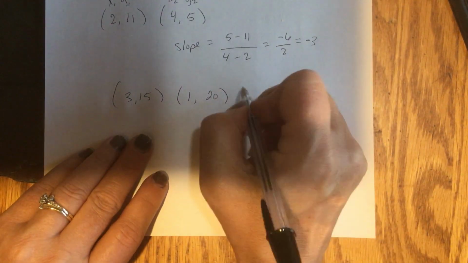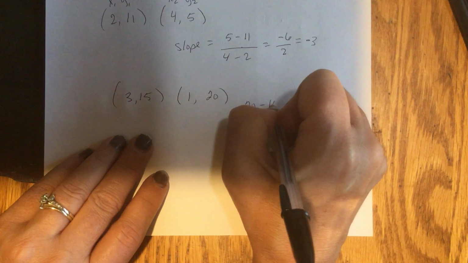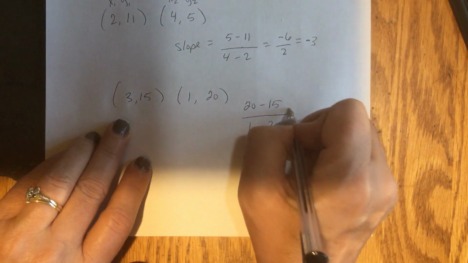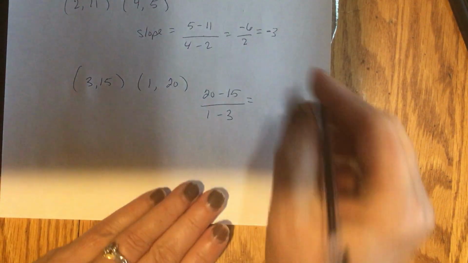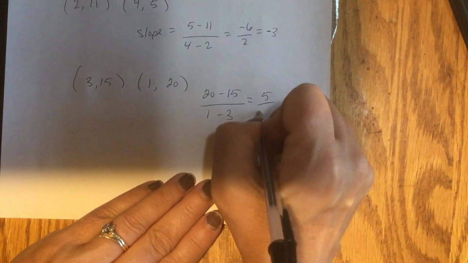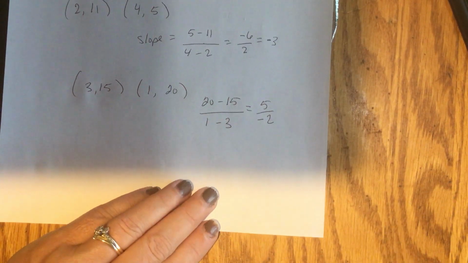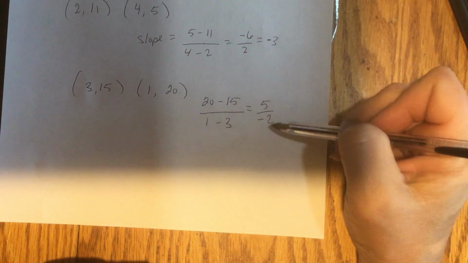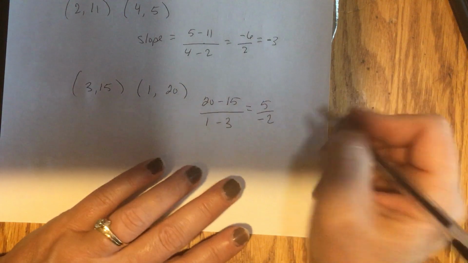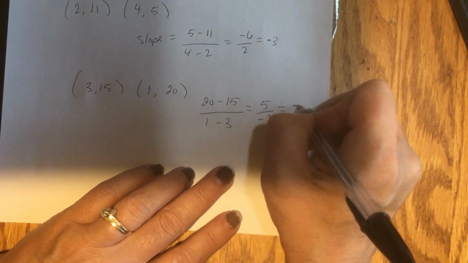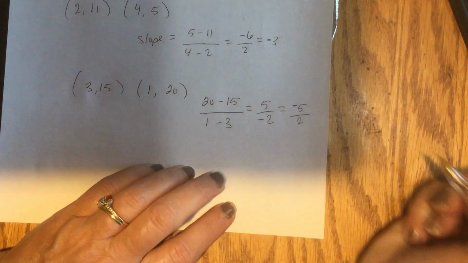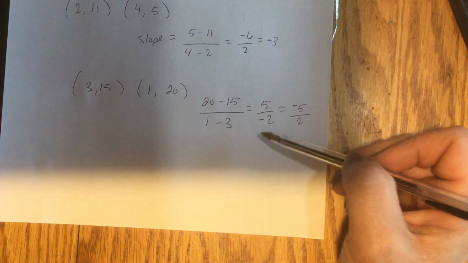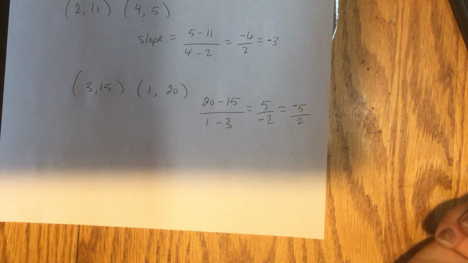So if I do 20 minus 15 divided by 1 minus 3, I get 5 on top, and I get a negative 2 on the bottom. I looked at your assignment on McGraw-Hill, and if you type in 5 over negative 2, it will count it wrong. You need to move the negative to the top and say that's negative 2 over 5. It doesn't like a negative in the denominator. So if you get a negative on the bottom, move it to the top.